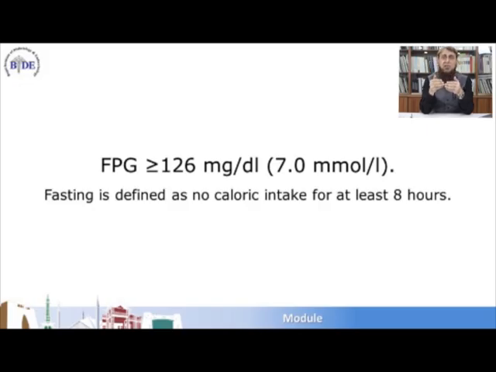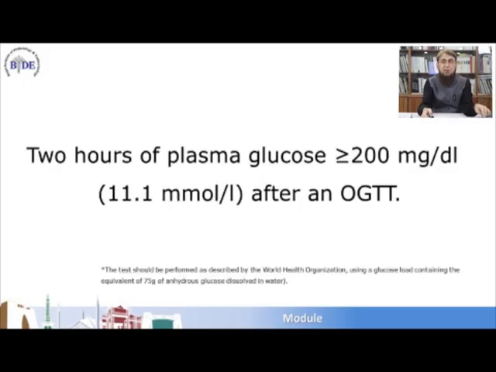Fasting is defined as no caloric intake for at least the last 8 hours. If someone is grossly hyperglycemic, the duration of fasting doesn't matter, but for the sake of guidelines, the fasting duration should be 8 hours, and if the level is more than or equal to 126 milligrams per deciliter, it will be taken as diabetes.